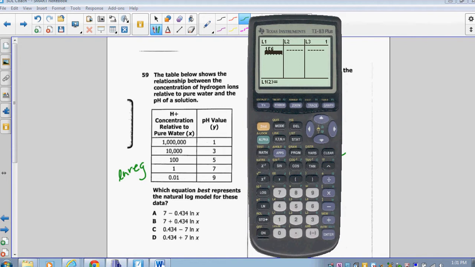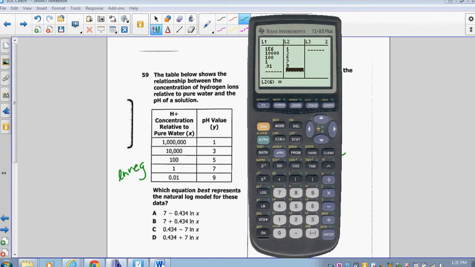and 10,000, 100, 1.01. And then in L2, 135, 79.